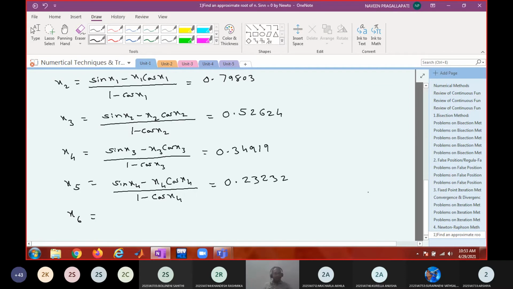What about x6? 0.15474. I think it is converging to 0.